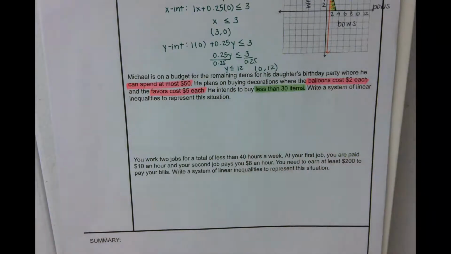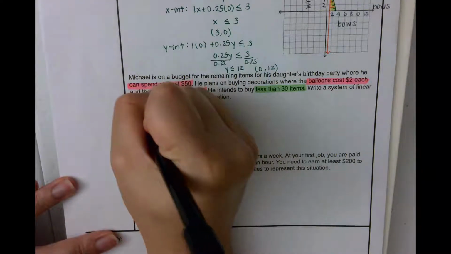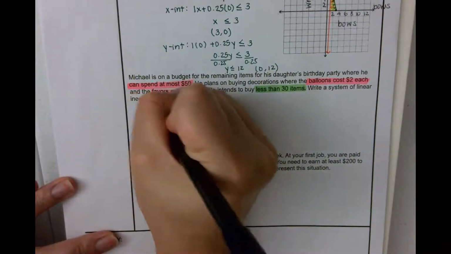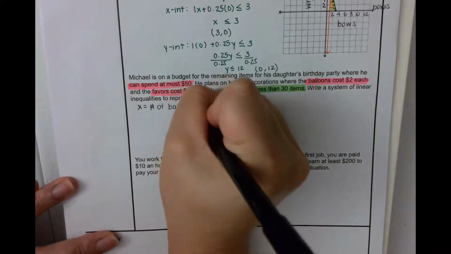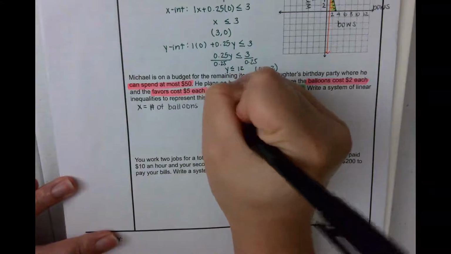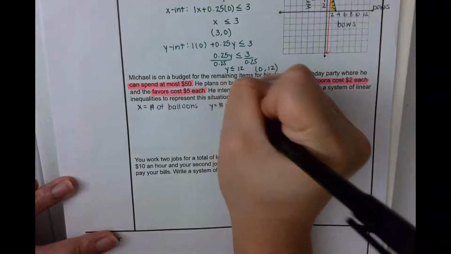So now we're going to write a system of linear inequalities to represent this situation. I'm going to start with my variables. X, I'm going to make it the number of balloons. And Y is going to be the number of favors.